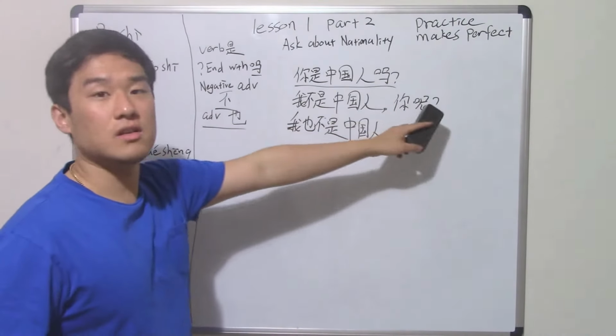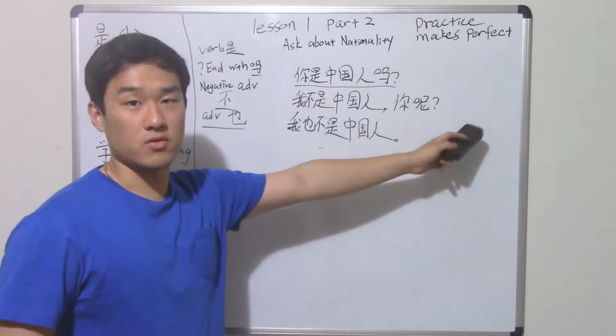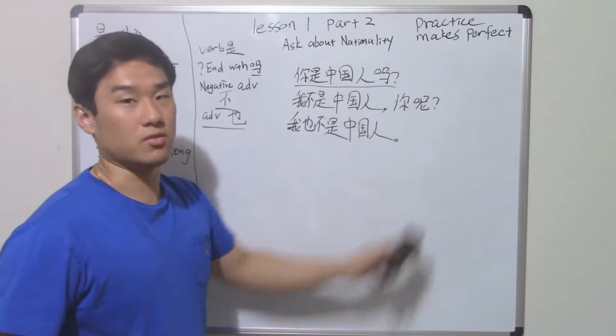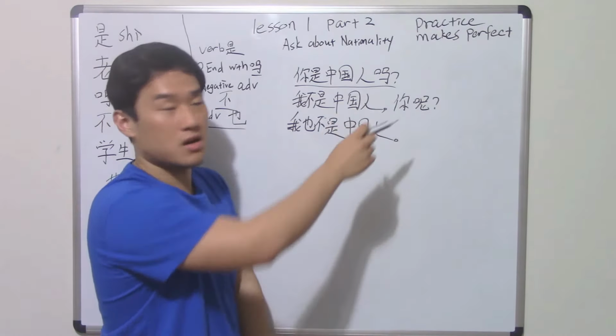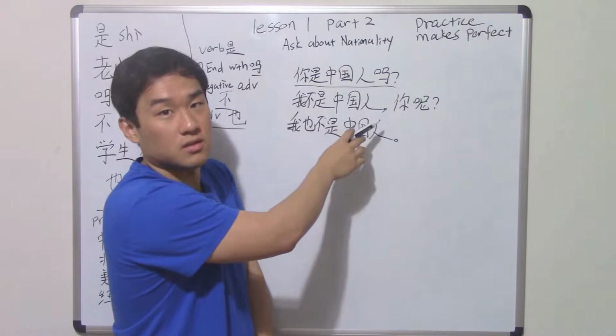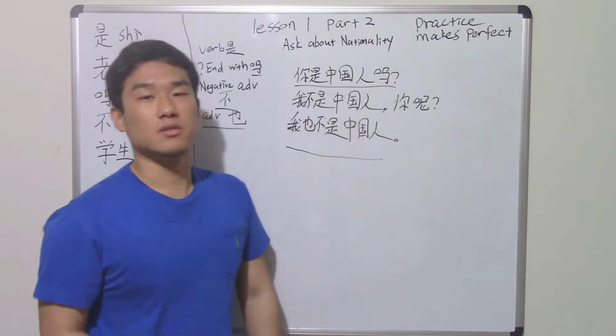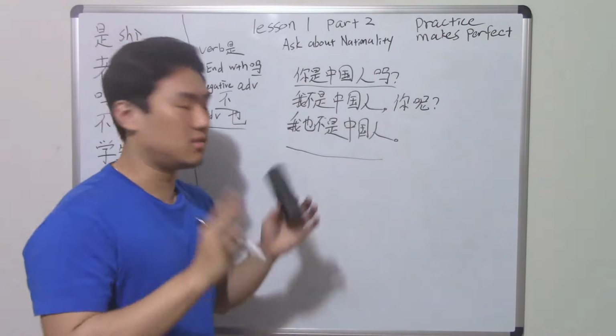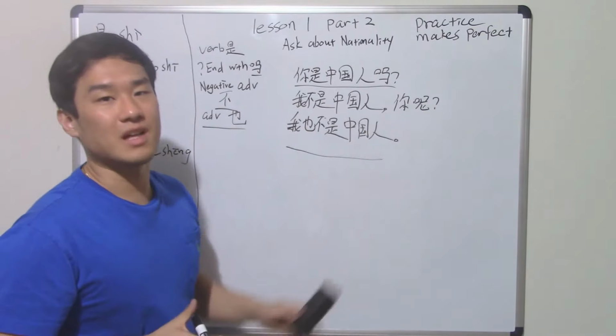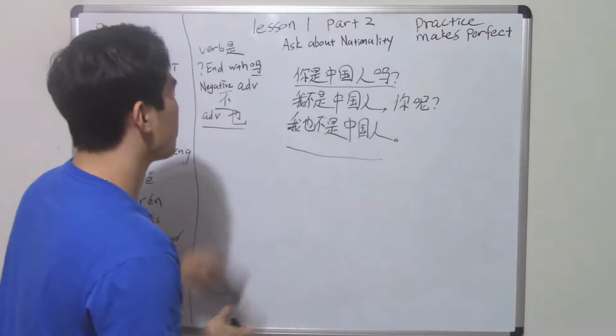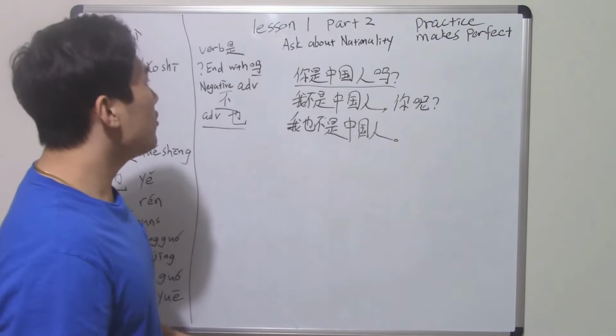Are you Chinese? I'm not Chinese. What about you? I'm not Chinese too. So 你是中国人吗？我不是中国人。你呢？我也不是中国人。Basically, both statements are negative.